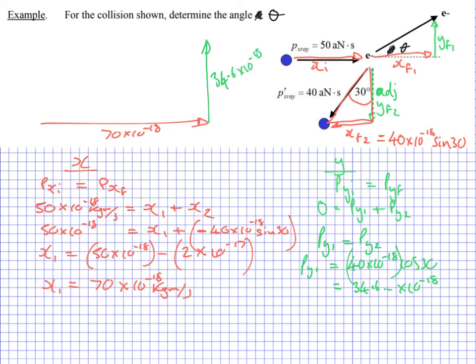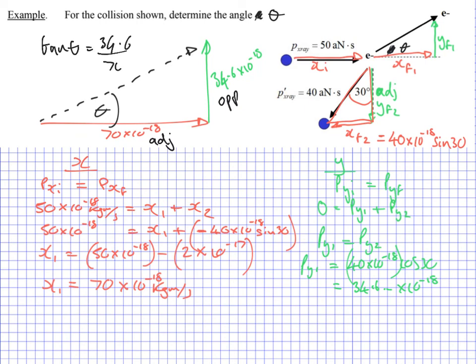And now all I have to do is figure out the resultant, which is going to be this one. And of course I need the angle. So this would be the opposite, this would be the adjacent. So I'm going to say that tan theta is 34.6 over 70.